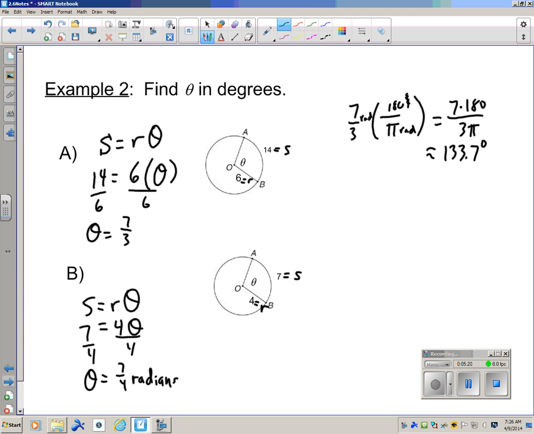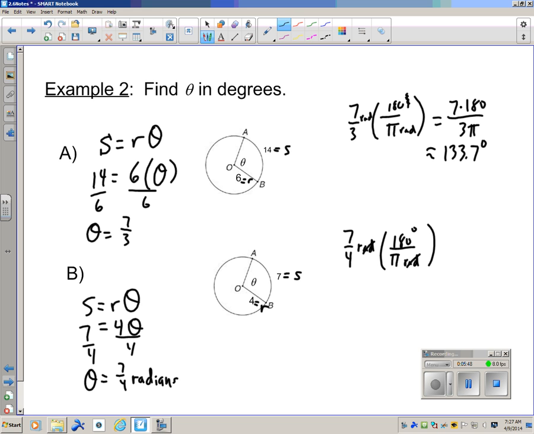And so now I've got to convert that. Some people make the mistake of thinking that pi represents radians. It doesn't have to have a pi in it in order to be radians. 7/4 is just the number of radians. So I'm going to convert this 7/4 radians, which means 180 degrees over pi radians.